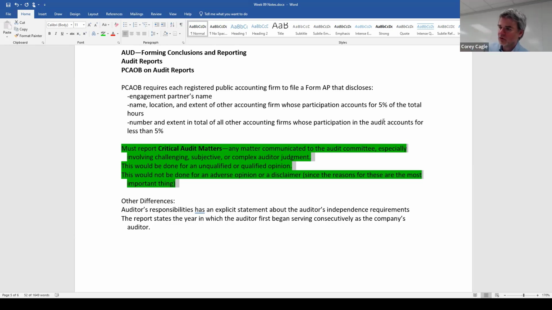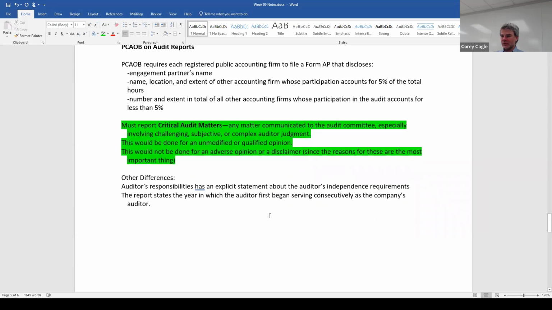So critical audit matters are not reported if the opinion is an adverse one or if you just disclaim the opinion. So that will only show up for an unmodified or qualified opinion. So there you go. So that's your takeaway.